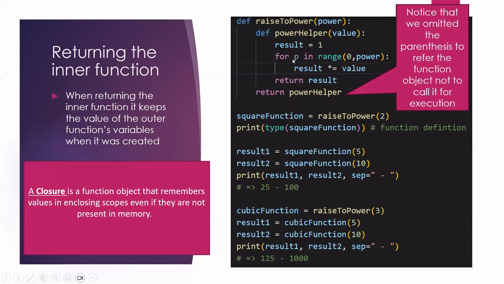Okay, so here we defined an inner function called power helper, right? And eventually we return that power helper from the raise power, okay?